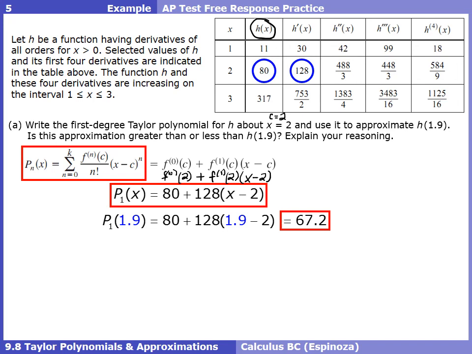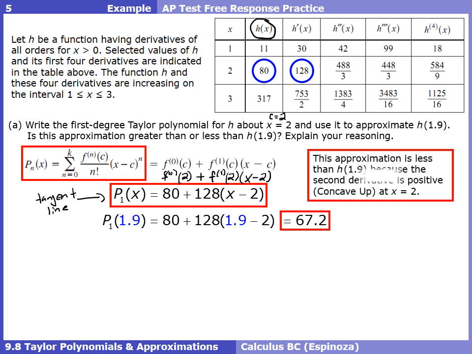Okay, the next question we need to address is the over or under. Is the approximation greater than or less than? Well, if you think back to 3.8, or if you just remember what we know about tangent lines, since it's a first-degree polynomial, concavity tells us whether our approximation is greater than or less than.